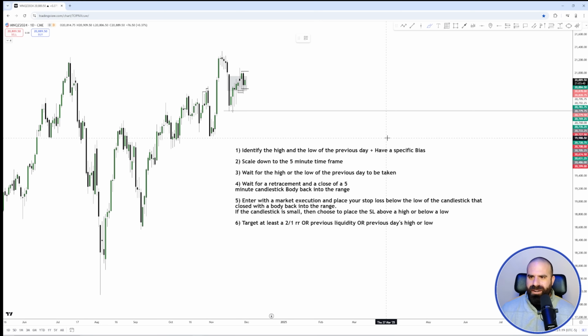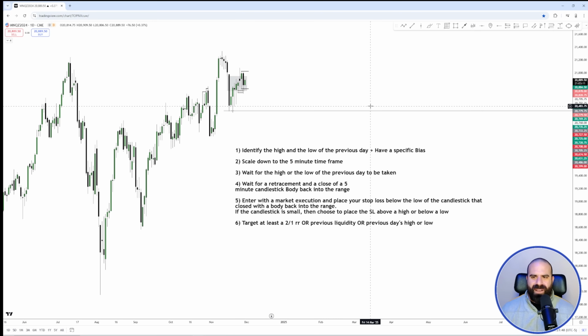So this will increase your probabilities of winning the trade, because if your bias is only bearish, then you will only be getting the short and not the buy, and the other way around. If your bias is only bullish, then you will not be entering if we grab liquidity above and we retrace, but you will only be entering if we grab the liquidity below and we retrace, because your bias is bullish and you want to run this thing towards the upside.